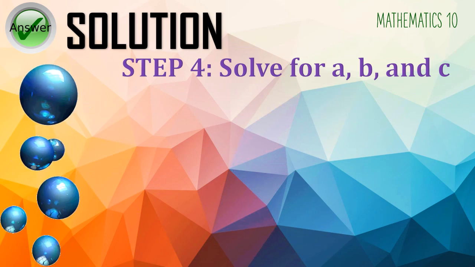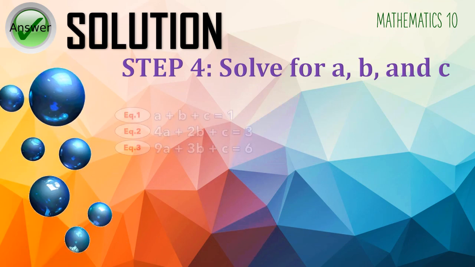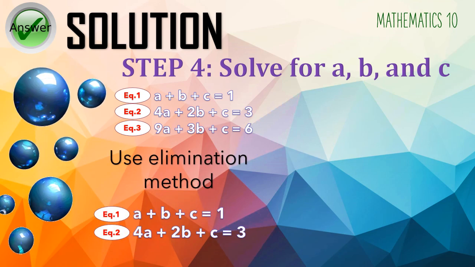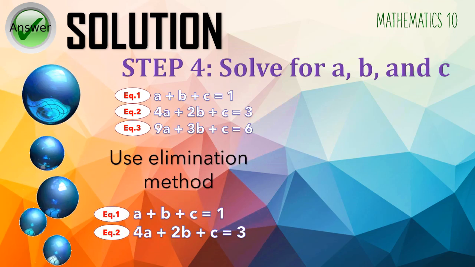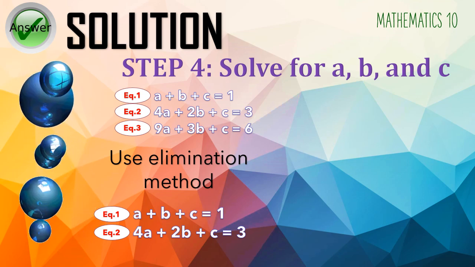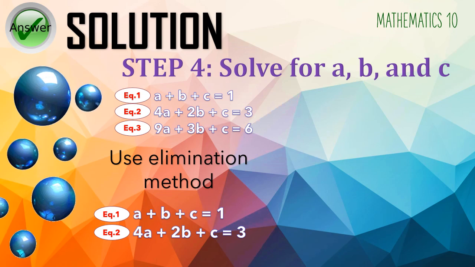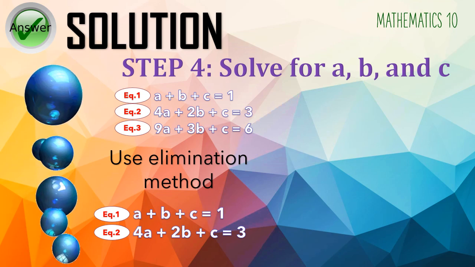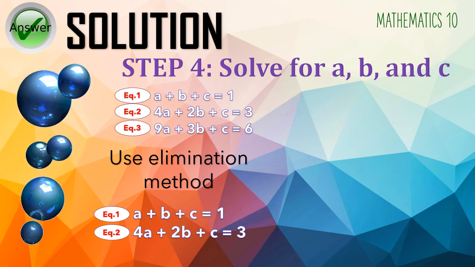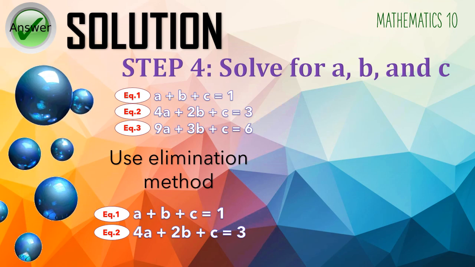So to solve for a, b, and c, same process, we are supposed to use the elimination method. Or if you want to use substitution, then it's your choice, but my recommendation is better to use the elimination method. So here we need to pair first equation 1 and equation 2.